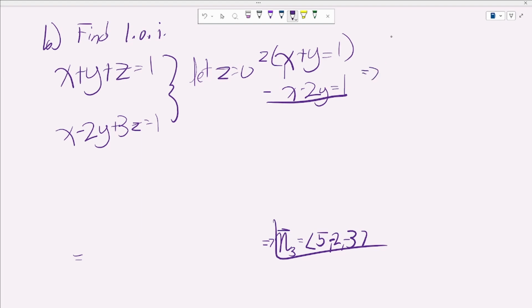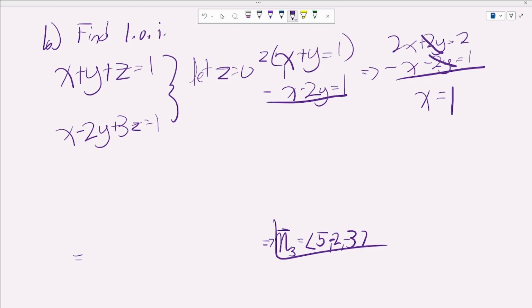So if we do that, we'll have 2x plus 2y is equal to 2, minus x minus 2y is equal to 1. And as you can see, our plus 2y and our negative 2y will simplify. And we're left with 2x minus x, which is equal to x, is equal to 2 minus 1, which is equal to 1.